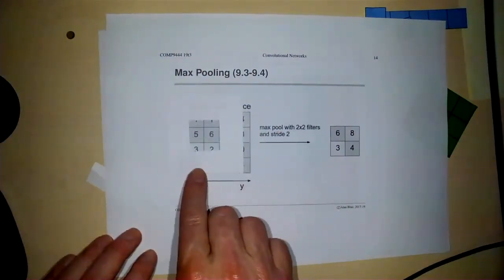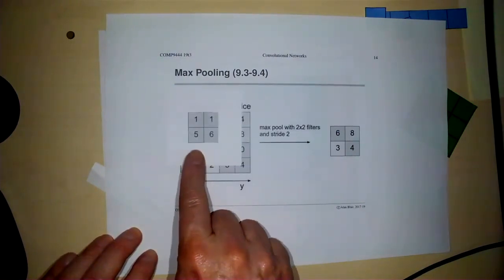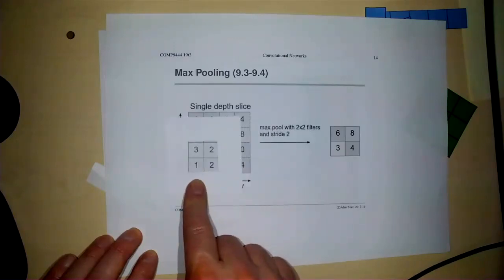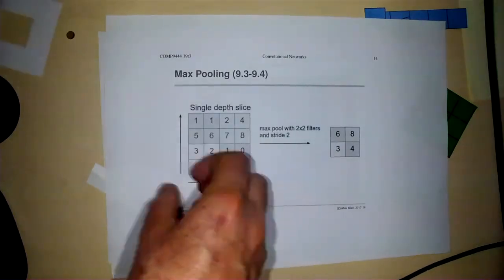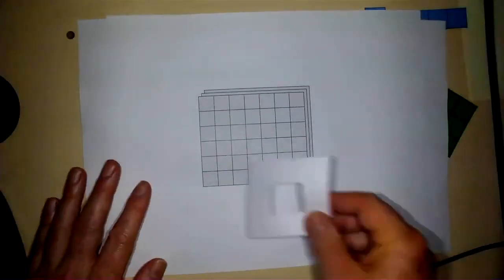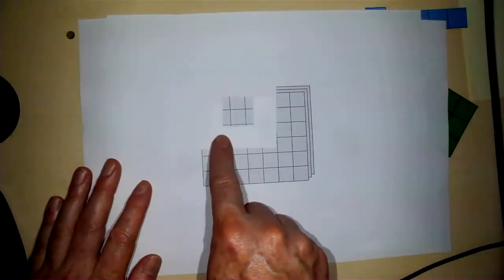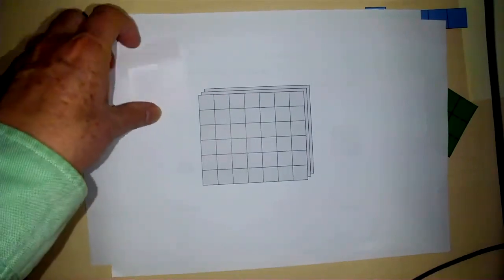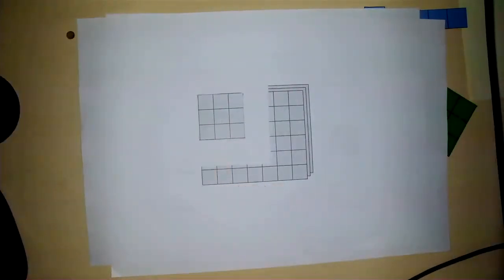So this is the max pooling we were talking about. You take the maximum of those 4 numbers and then the maximum of these 4 and these 4 and these 4. If you had a larger image, you would be looking at these 4 and then these 4 and then these 4.